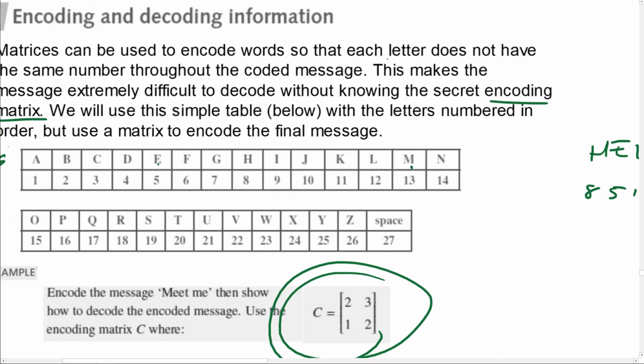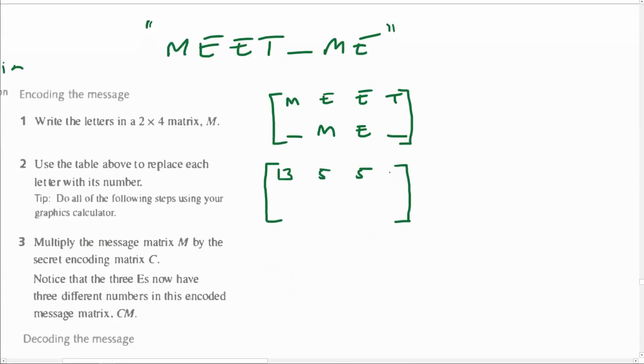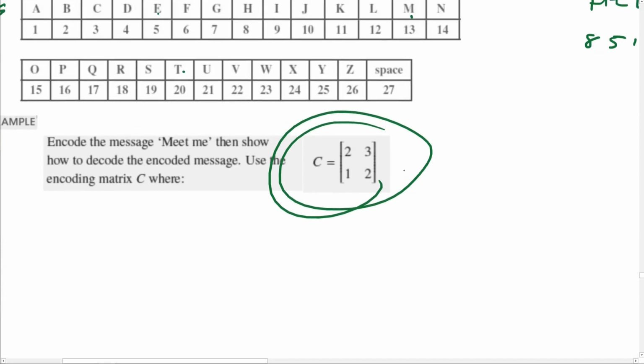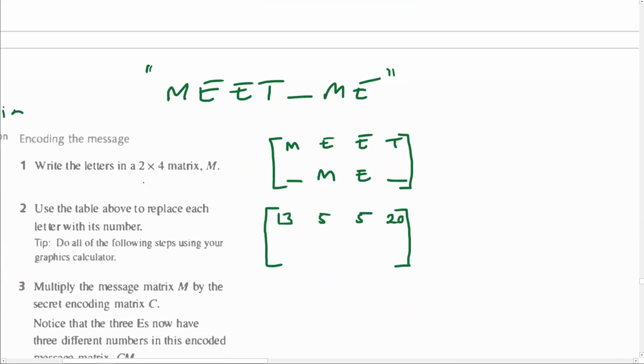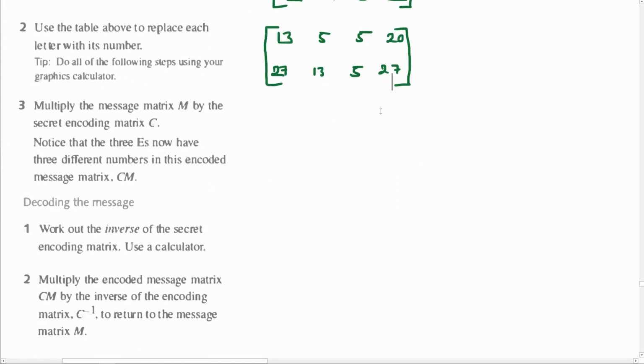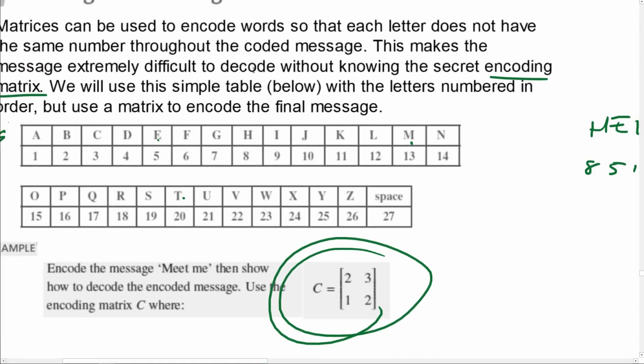T is the number 20, so change that to 20. And then a space is the number 27. Then M was 13, E was 5, and the spaces were 27. So there's my message with numbers now. Still easy to decode if you have this chart here.